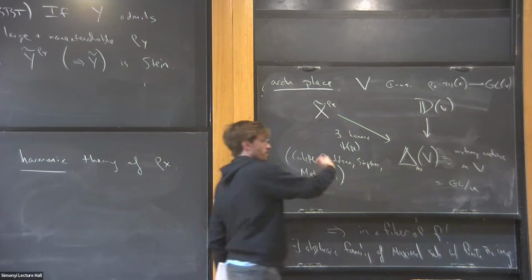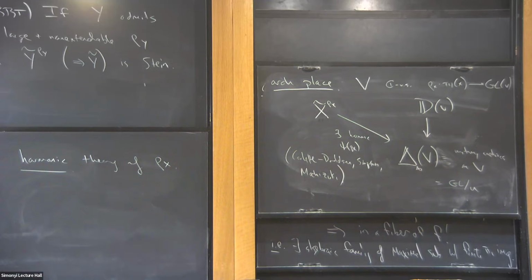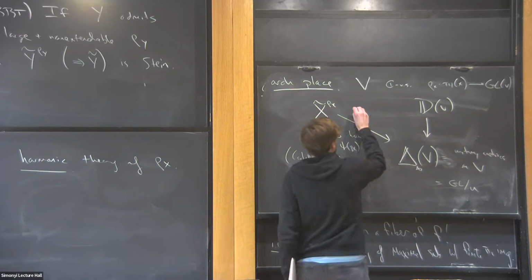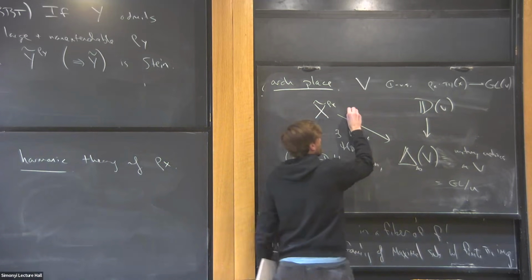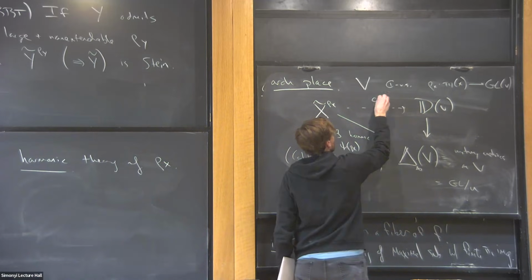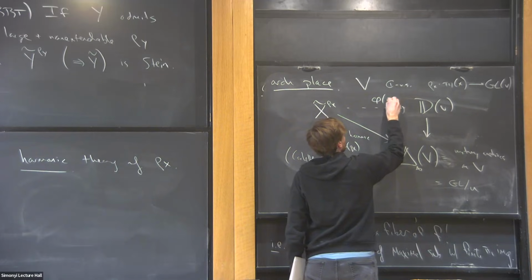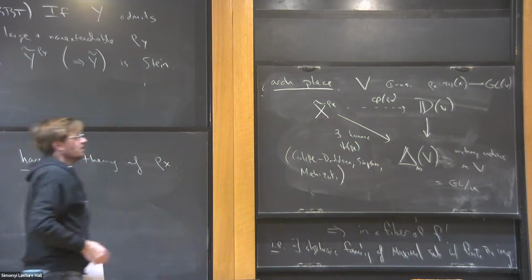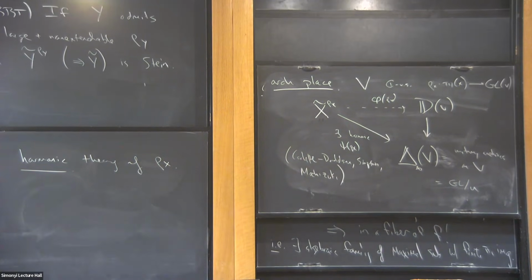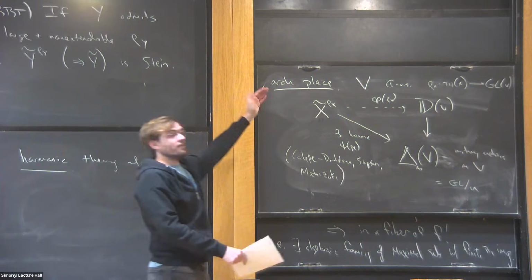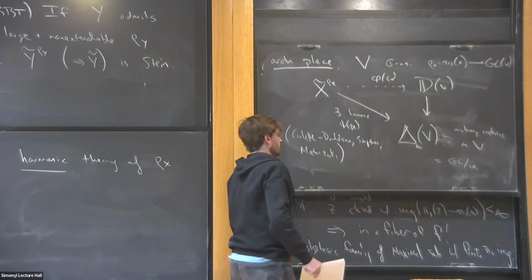So a Hodge structure in particular gives you a certain metric on your underlying vector space. And we can ask which harmonic maps lift to period maps. The answer is, of course, not all of them. But any representation can be deformed to one that lifts to a period map.